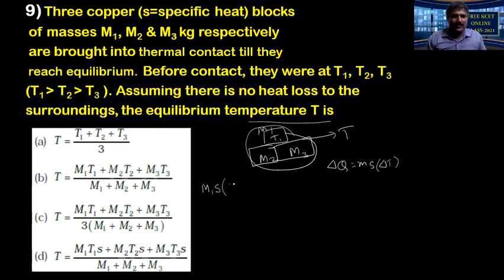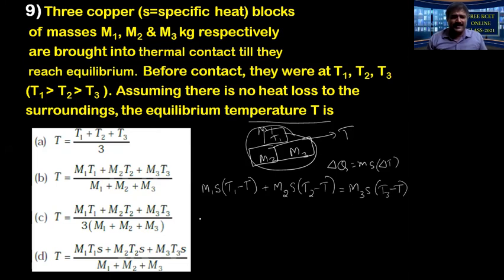So T1 is obviously more than the final temperature T. Then next, for second body M2, we don't know whether it is lost or gained. It is at intermediate temperature, so I take that along with this, it also lost. So M2 s (T2 minus T), and that is equal to heat gained by the cold body, mass M3 s (T minus T3).